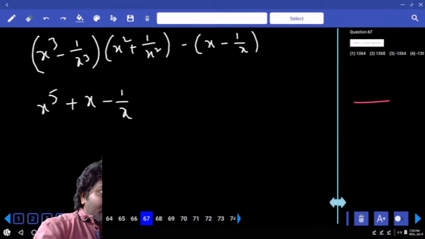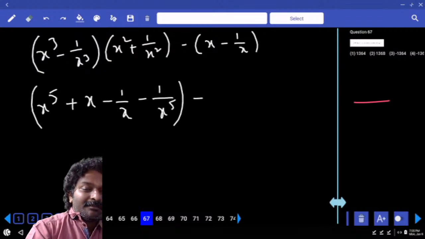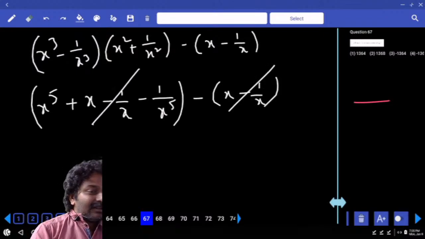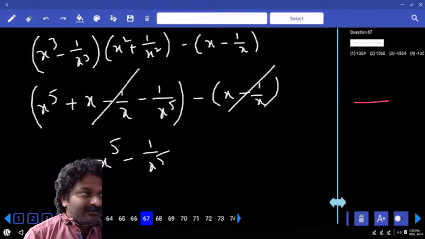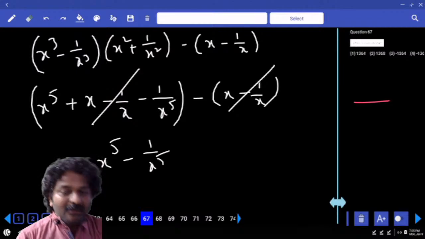Then minus 1 by x power 5, minus of x minus 1 by x. This gets cancelled. Finally you are left with x power 5 minus 1 by x power 5. Yes, got it? Now that's what we need to write.